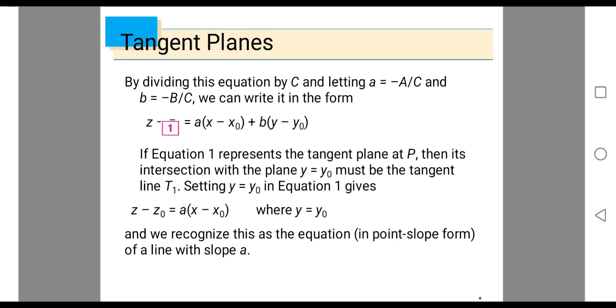Now we have almost made another equation, equation 2. Suppose f has continuous partial derivatives.